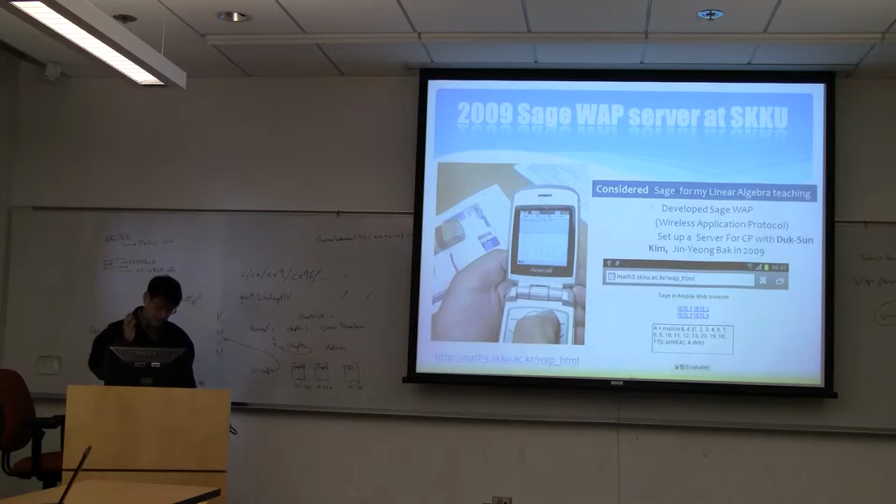But I didn't find much attraction in it before. I found it has a function where we can just send the working order to the Sage server, and it will send me back the answers. So we tried to do it with our normal cell phone.